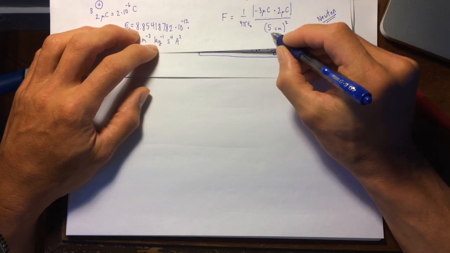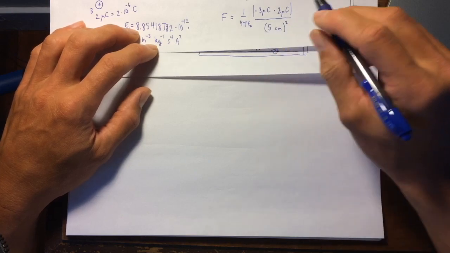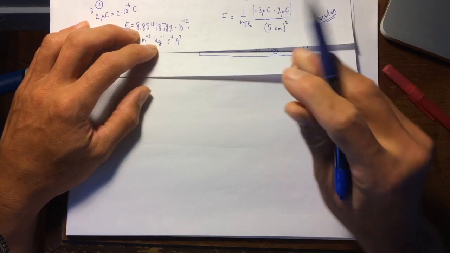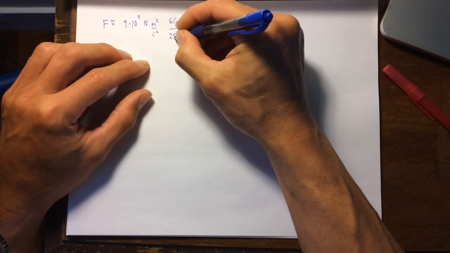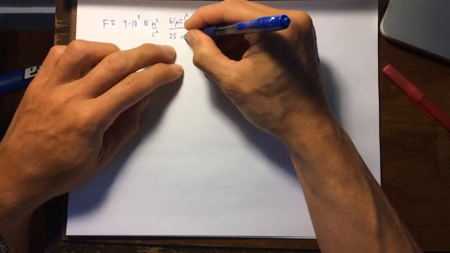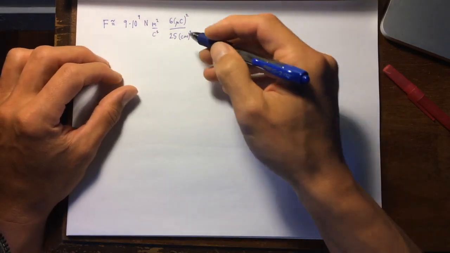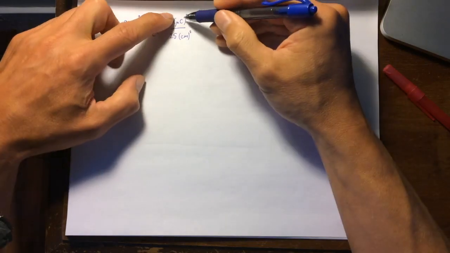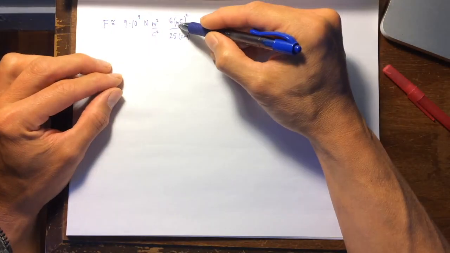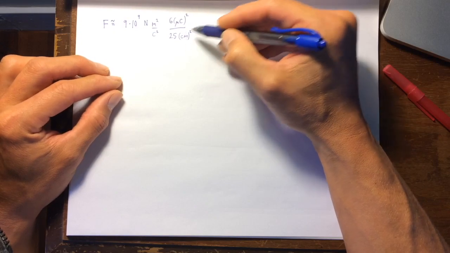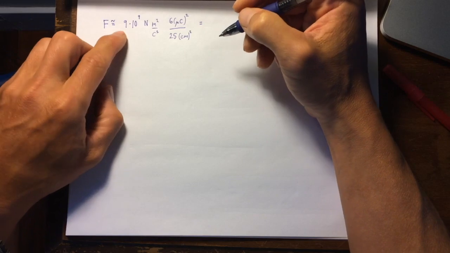The distance is 5 centimeters, and I have to square all the details about the distance. So square the 5, square the centimeters. So I'll be dividing by 25 centimeters, and the unit, the centimeter, is squared. Now the reason I'm making the point of putting the parentheses around the units is because even the prefactor, the micro above and the centi below, also gets squared. So what does this mean? So this is 9 times 10 to the ninth.